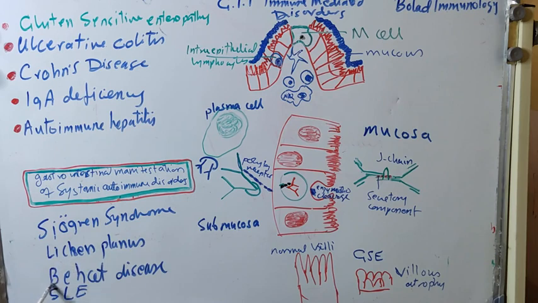In case of Behçet disease, which is an autoimmune disorder, the patient may present with oral ulcer, diminution of vision, and genital tract ulcer. And in case of systemic lupus erythematosus, the patient may present with painless oral ulcer, in contrast to lichen planus, where the patient usually presents with very painful oral ulcer.